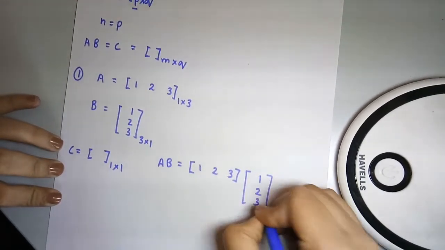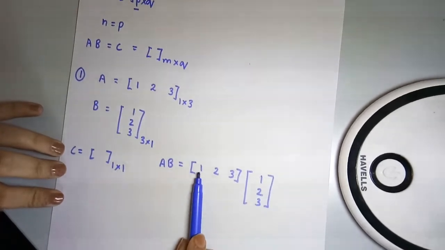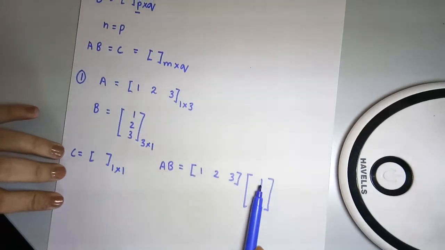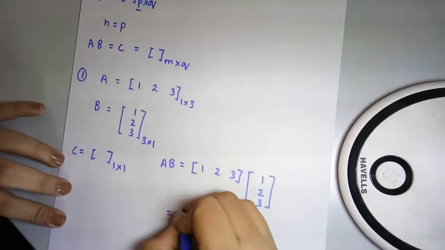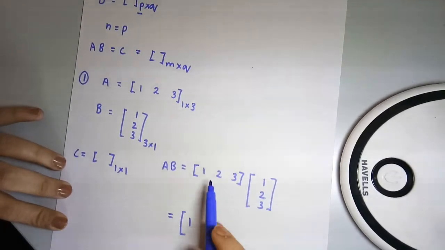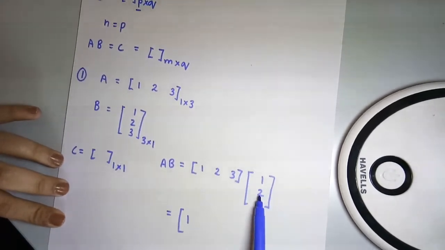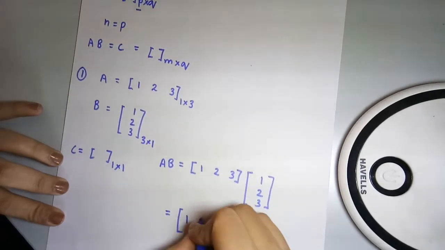So how does matrix multiplication happen? We take the first element of the first row and multiply it with the first element of the first column of the other matrix. We get 1 into 1 is 1. Then we take the second element of the first row and multiply it with the second element of the first column.